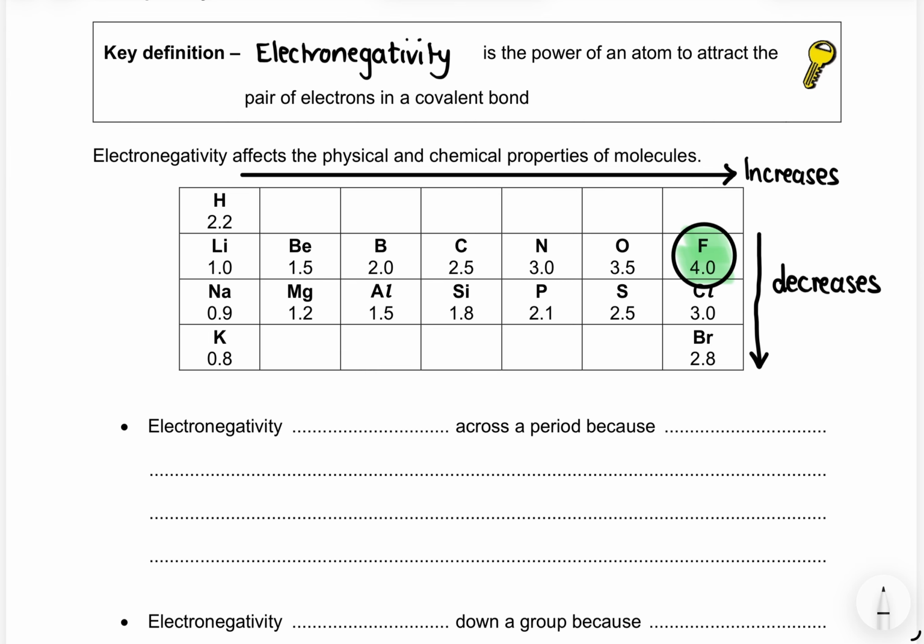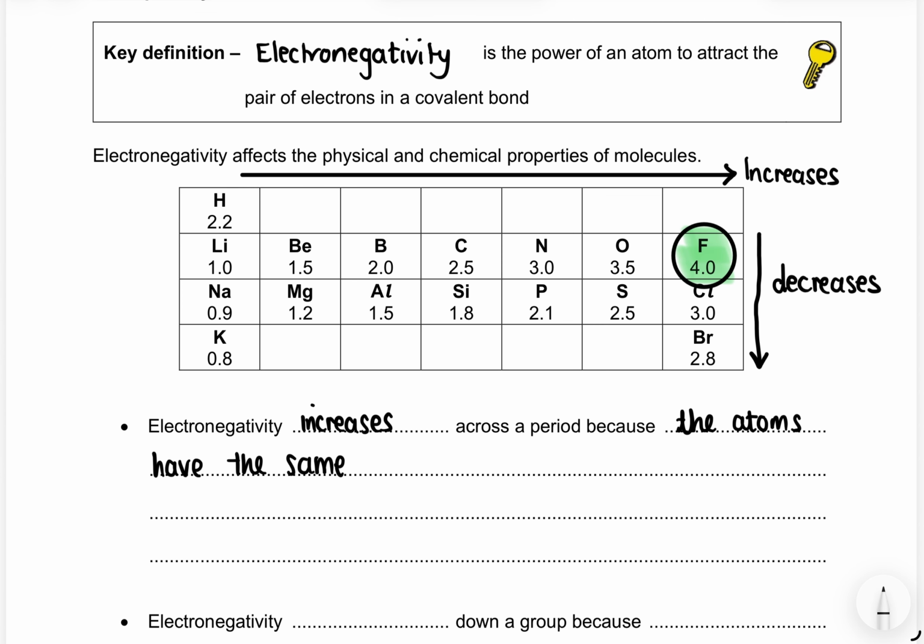So across a period, we saw that electronegativity increases. Remember, we're talking about the atoms in this definition, so we need to make sure our answer refers to the atoms. Electronegativity increases across a period because the atoms in a row have the same number of shells.